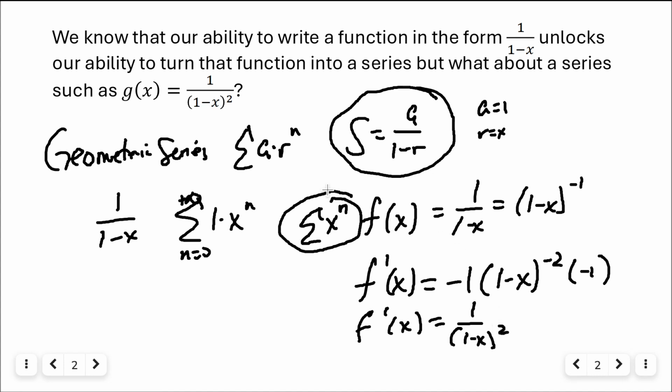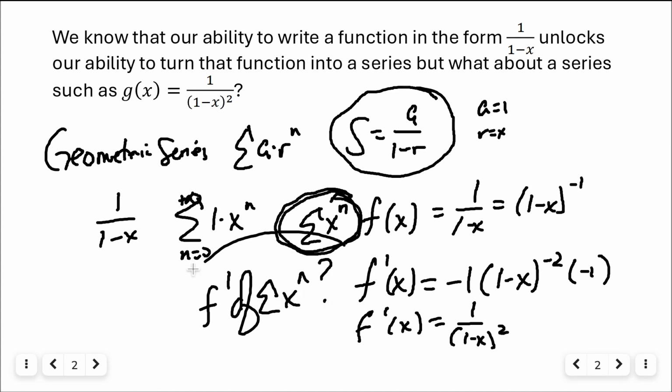So then theoretically, if I derive this series, I should be able to get the series for that derivative. So if I derive this series somehow, it should give me a representation in series form for this function.